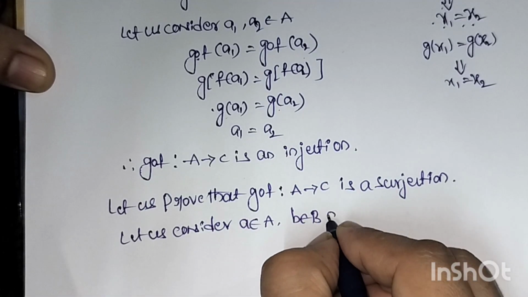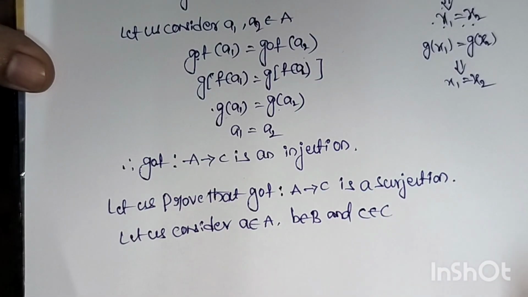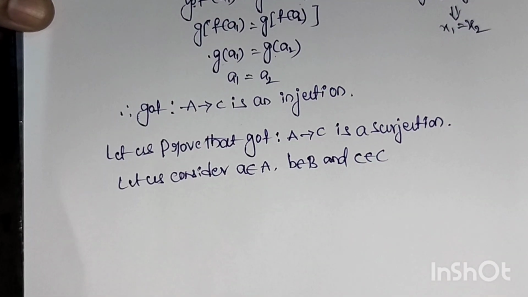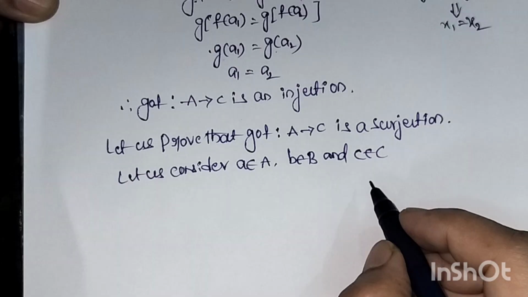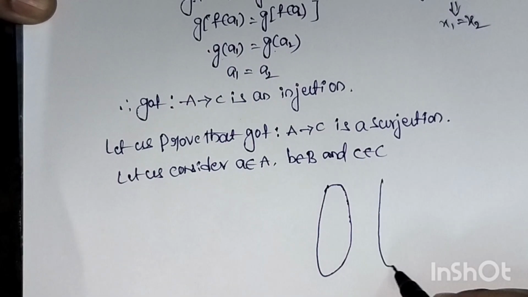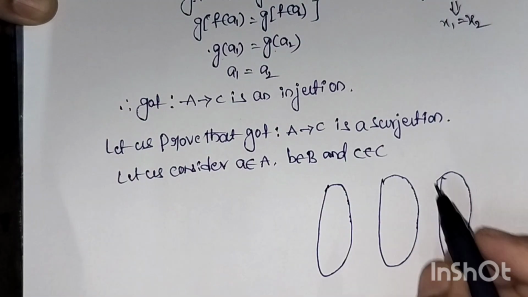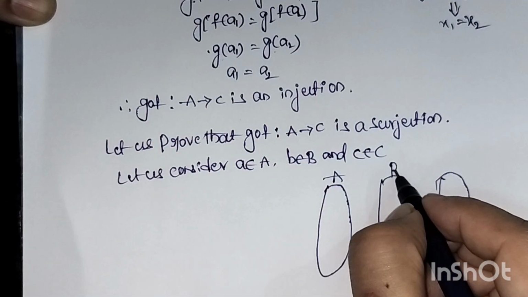This is set A, this is set B, this is set C. a belongs to A means a is an element of set A. b belongs to B means b is an element of set B. c belongs to C, c is an element of set C.